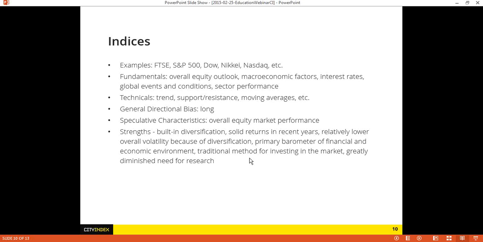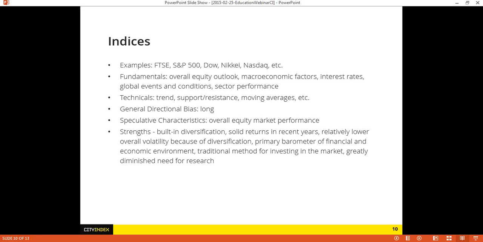It's a traditional method for investing in the market, and it greatly diminishes the need for research as opposed to individual shares. If you are trading individual shares, you're going to need to research those shares if you want to do well. If you're a day trader, maybe not so much, but if you are even a slightly longer term trader, you're going to want to know a little bit about the company that you're trading.